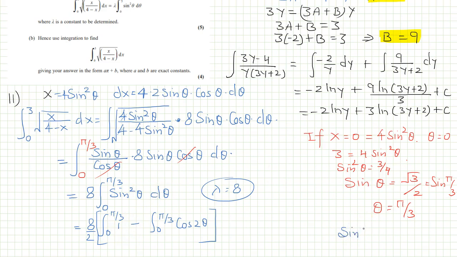Sine square theta is equal to half of (1 minus cos 2 theta). You know the formula, cos 2 theta is equal to 1 minus 2 sine square theta.